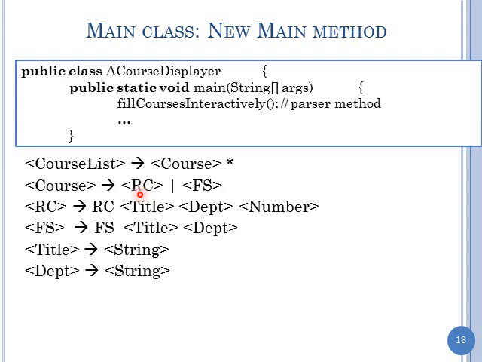Course. So my parse course will return a value of type course. My parse regular course will return a value of type regular course, my parse freshman seminar an instance of freshman seminar. And my parse course list will return a course list. So we've got it, right?